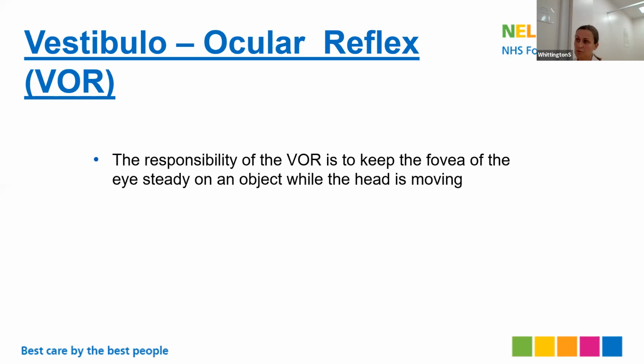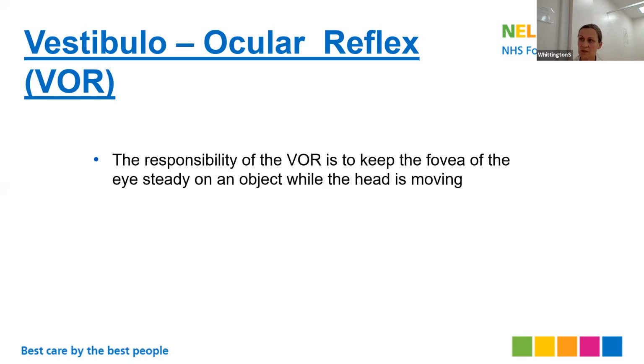And this is important for focus. So for example, let's say you walk down an aisle in the supermarket and you see an item at the end of the supermarket that you want to get, and you have to move left and right around people, but you need to keep looking at that particular object. It's that reflex that allows you to keep your eyes steady on that object while you move your head, while you move your body.